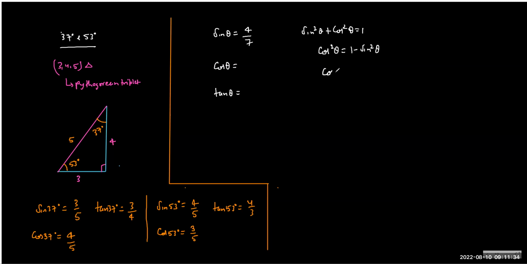And therefore cos theta will be, we are taking the positive value, under root of 1 minus 4 by 7 whole square. So the answer is how much? 49 minus 16 upon 7 square, and the 7 I am taking out. So this is how much? Root 33 by 7.